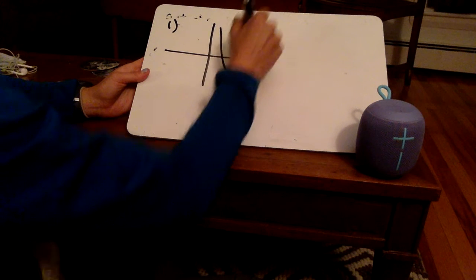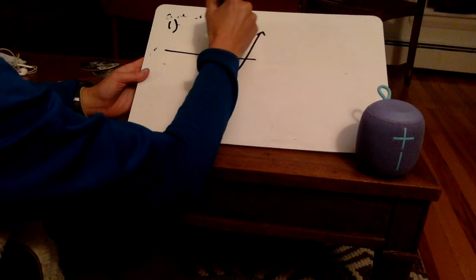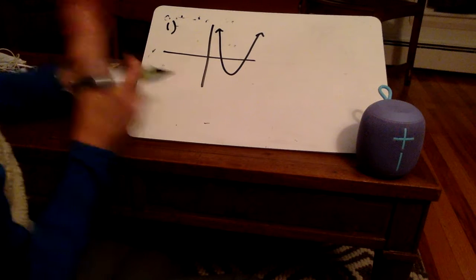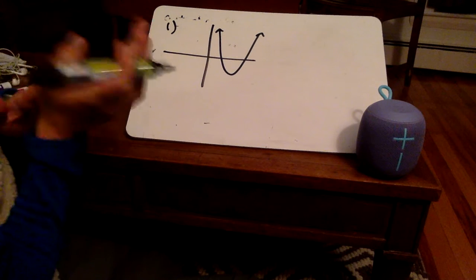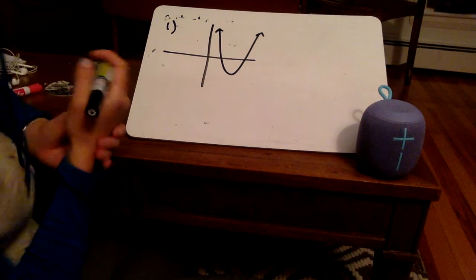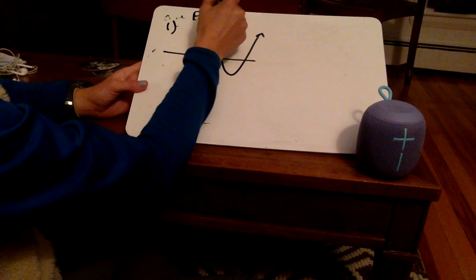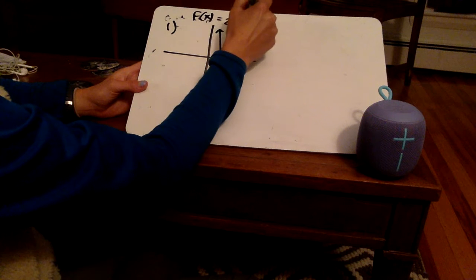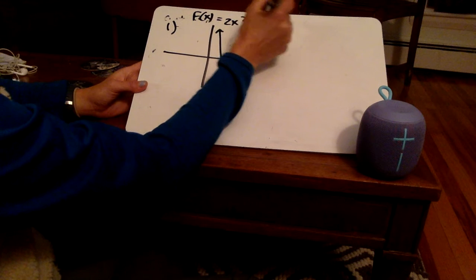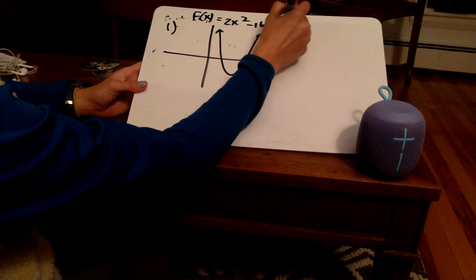So it looks like that. And what I'm looking for is any extrema for the graph or the function. And the function is listed as f of x equals 2x squared minus 16x plus 27.